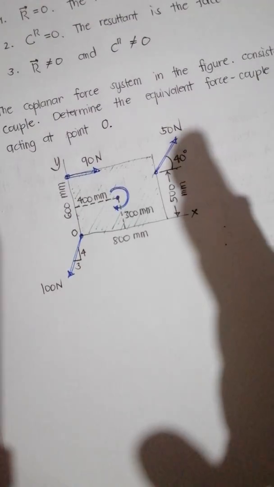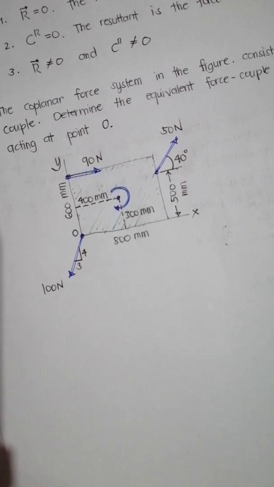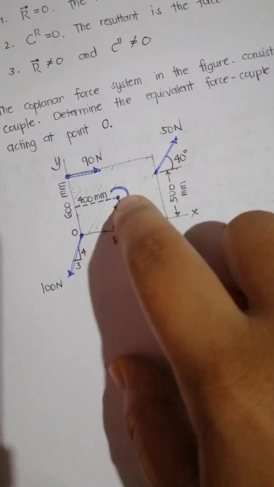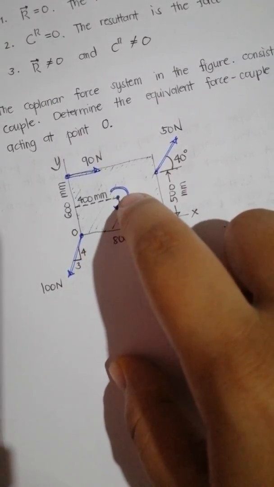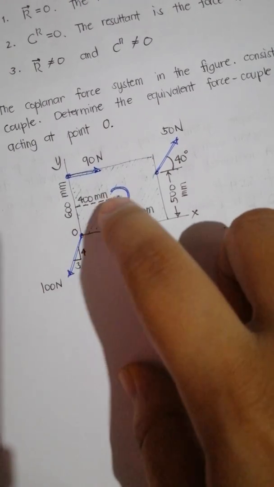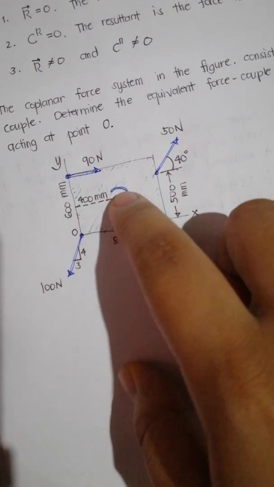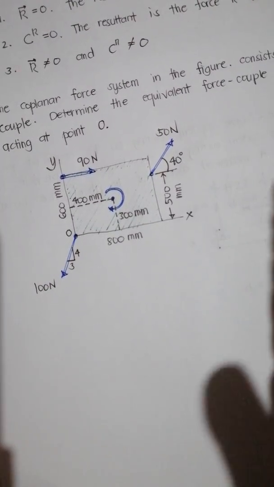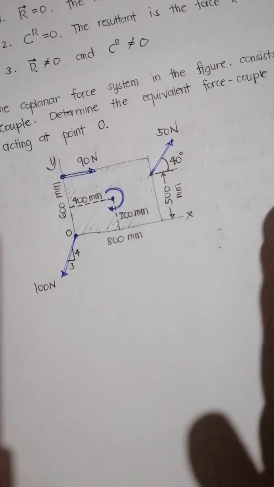Maybe some of you will have a question arise in your mind. If we are going to transfer this couple vector to another point, is there a couple of transfer formed because we transferred a couple? No. Again, couple vectors are movable.